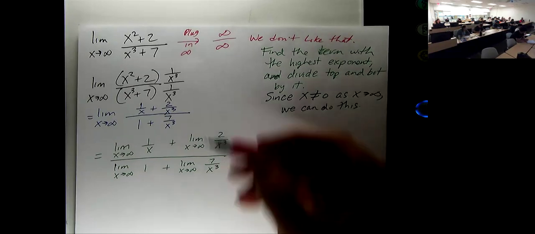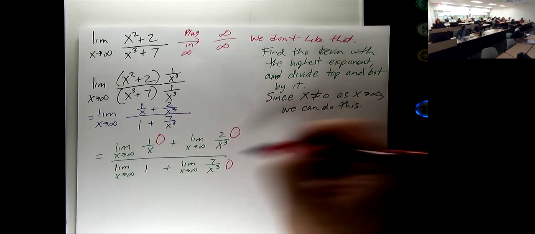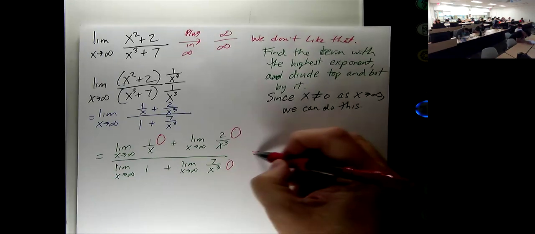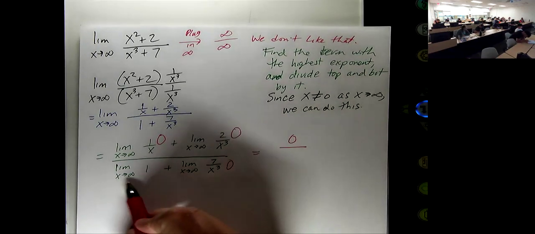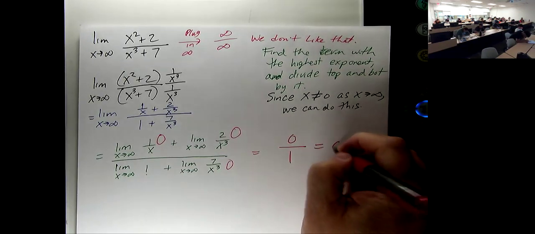And we just got done seeing that this is 0, that's 0 and that's 0. So we end up having 0 on top. And since there's no x in the bottom, the 1 isn't changing, it's just 0 over 1, which is 0.